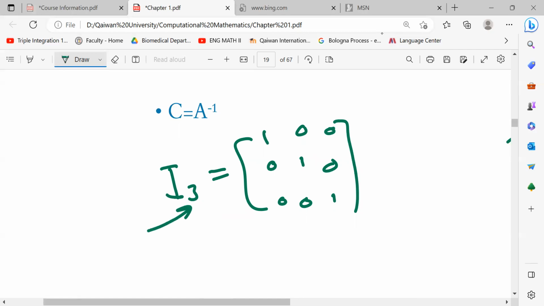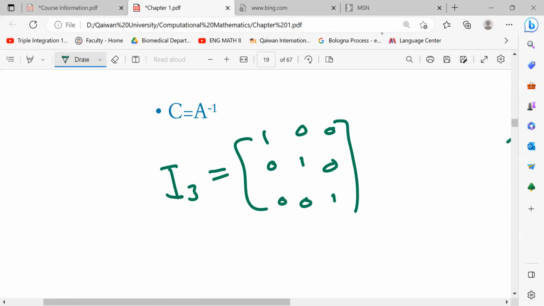As you see, the size is written here. And the multiplication of an identity matrix with any matrix is the matrix itself. So if you multiply it by any matrix, it's the matrix itself.